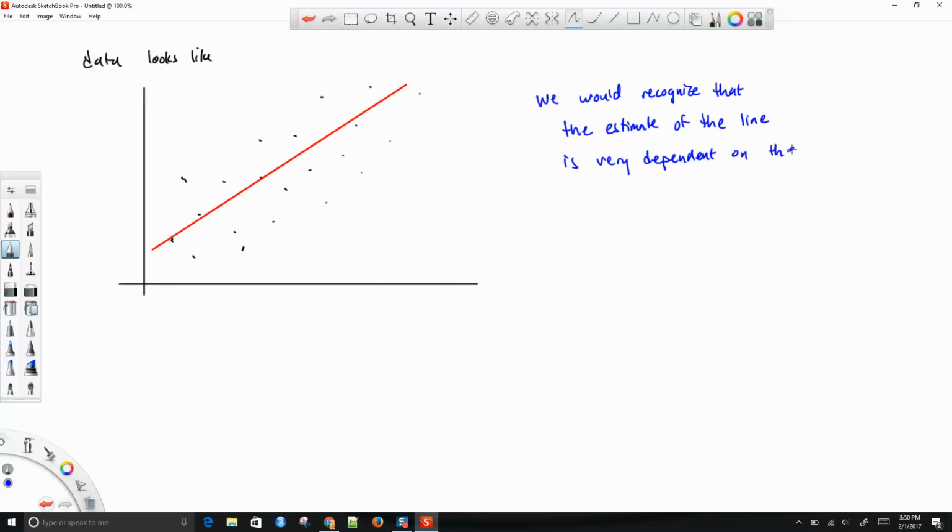Because if we generated another data set from the exact same population, it could give us a wildly different line, right? Maybe not wildly different, but it could be something as different as this. Two different data sets from the same population could give us significantly different lines, right?